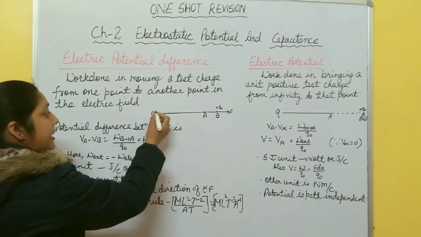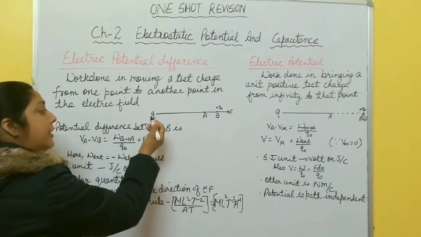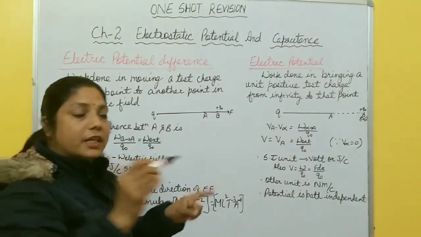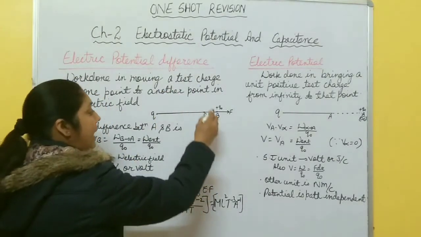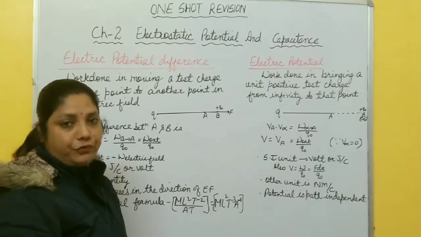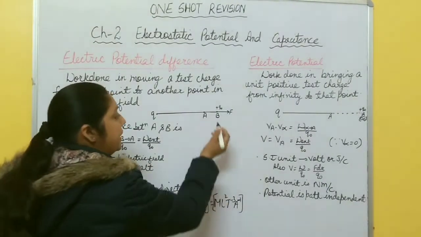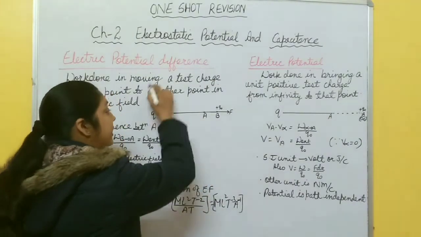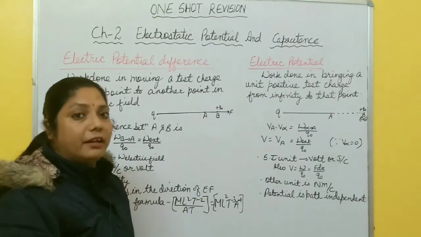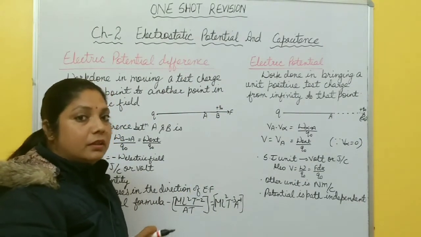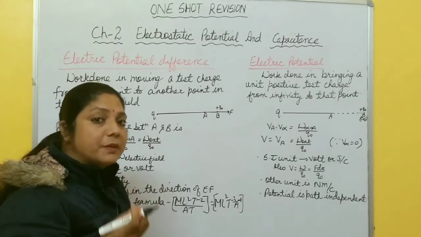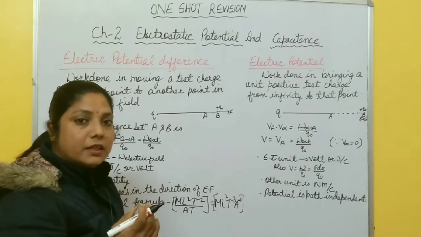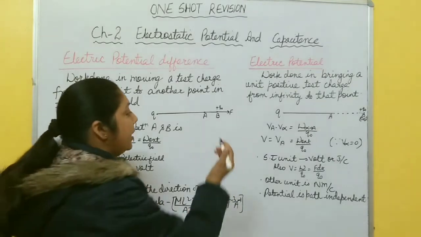Suppose there is a charge Q and you know that around this charge there is a region, that region is called electric field, right? When you put any test charge, a positive test charge, in this electric field, what happens? That positive test charge experiences some force, and due to that force it moves.